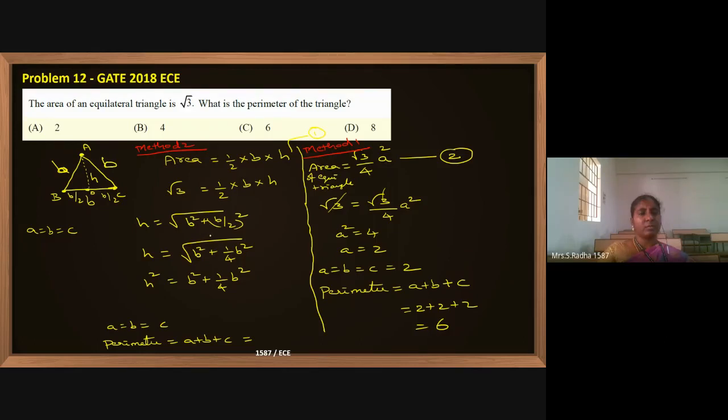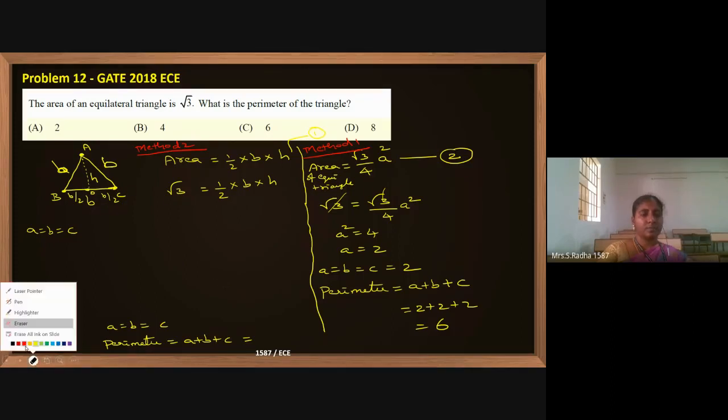The h value is nothing but the square root, sorry, what I have written here, h is the side and b is the hypotenuse. So how to calculate h: I will take this as triangle 1.